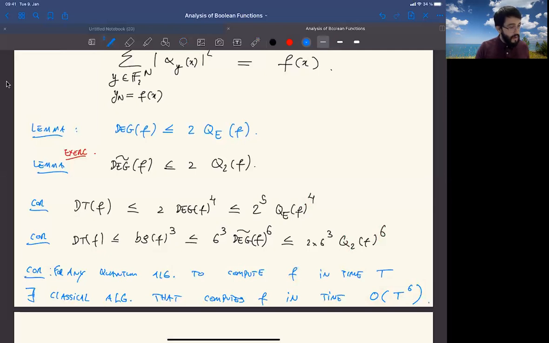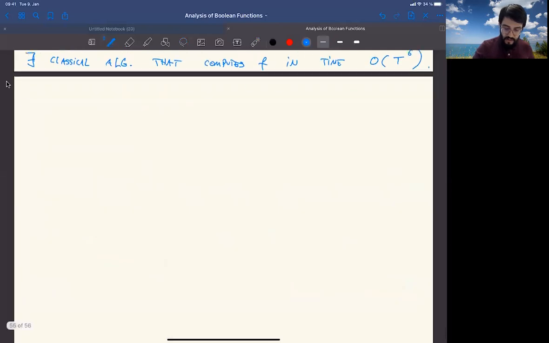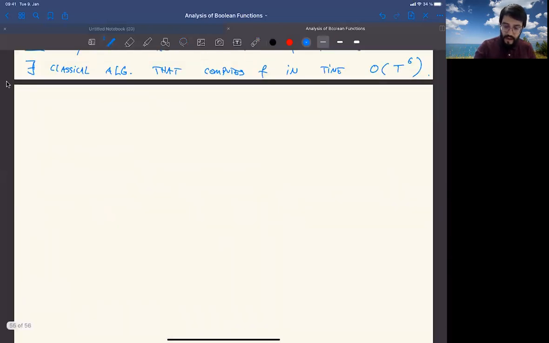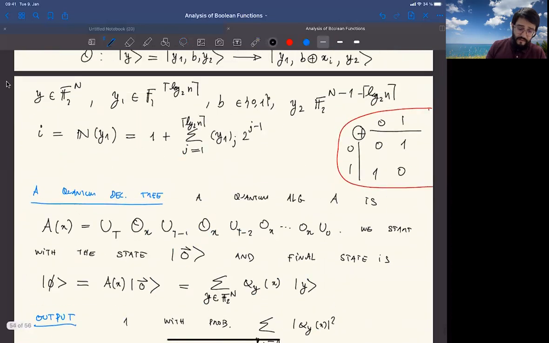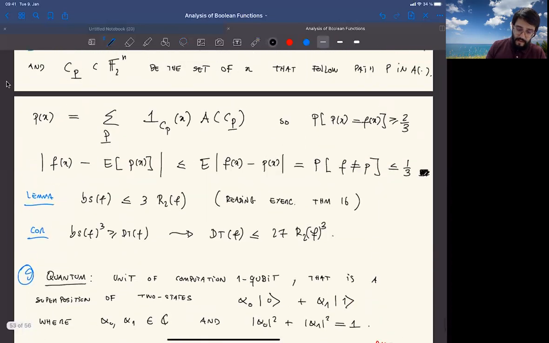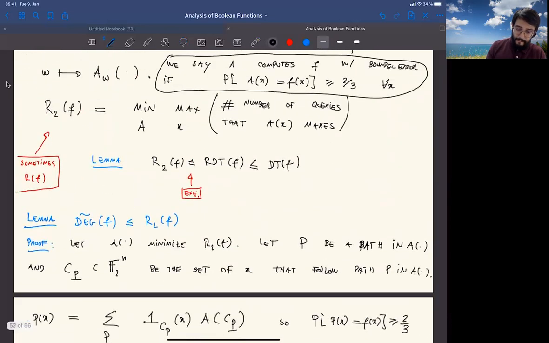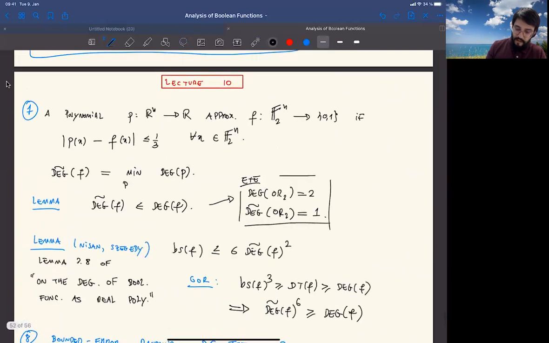Okay, and just to finish, we are almost done here. Let me put as a reading exercise the paper of Nisan and Szegedy. It's a very nice paper you should read.